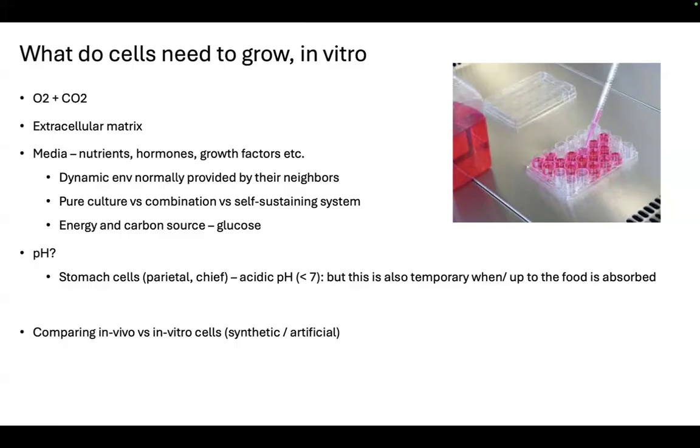This is not a part of this course, but when you're growing one type of cell versus two types together versus three versus maybe 10 types of cells together, you're going closer and closer to what an organ would look like. So rather than calling that thing an organ, we call it an organoid because it's similar to an organ.